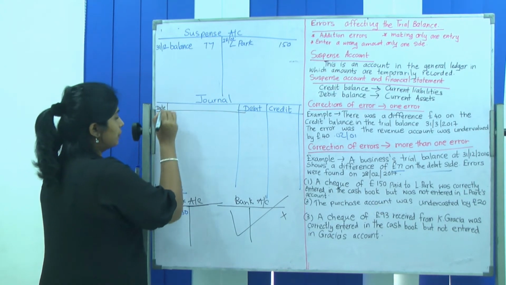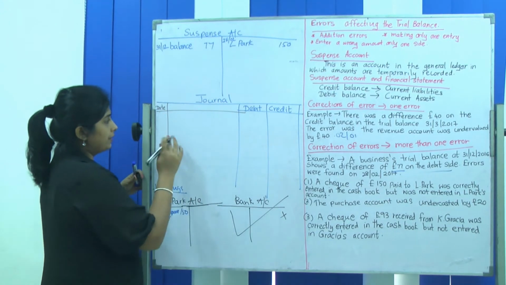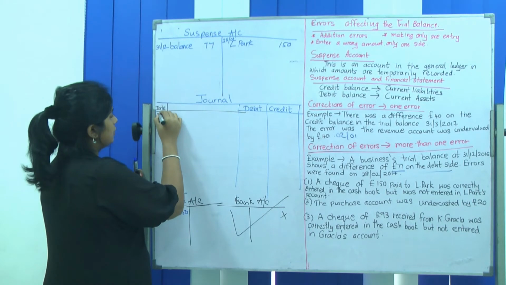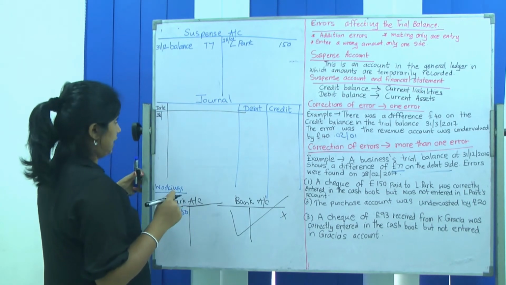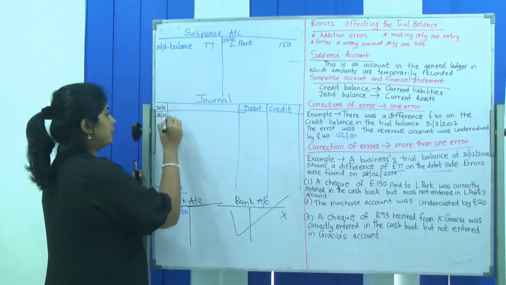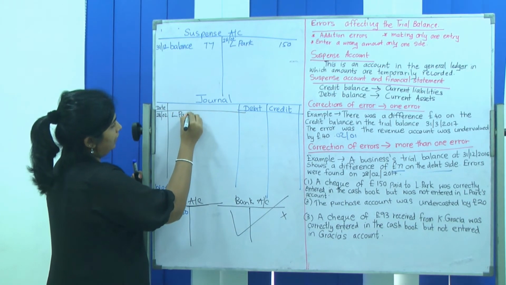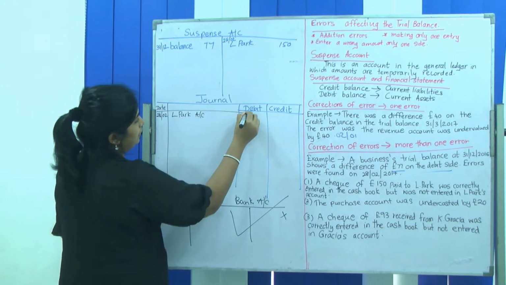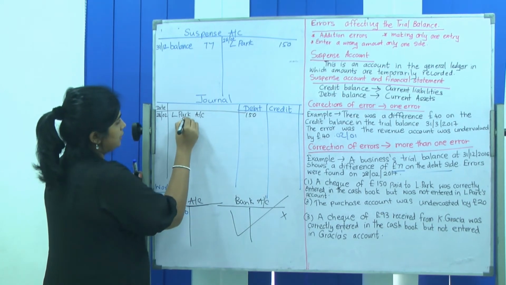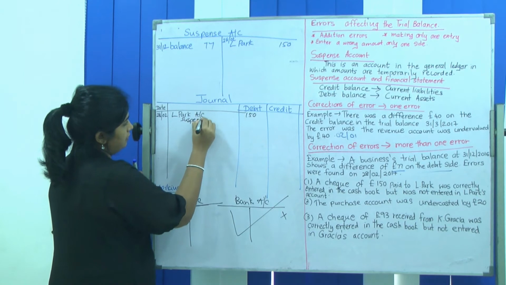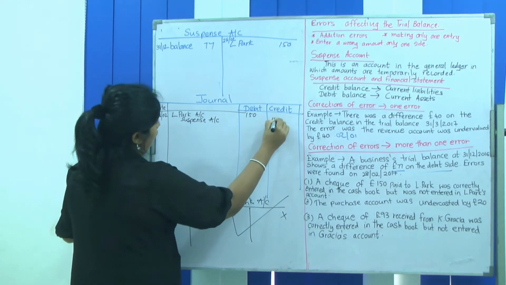As soon as you correct the error, you have to write the journal entry as well. The error was found on 28th, so on the 28th itself you will correct the error. To correct the error, L Parker's account was debited 150 and the suspense account was credited 150.